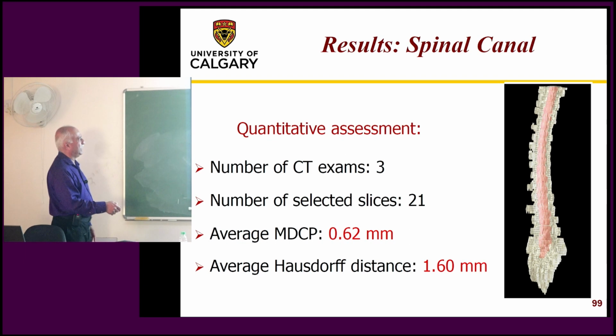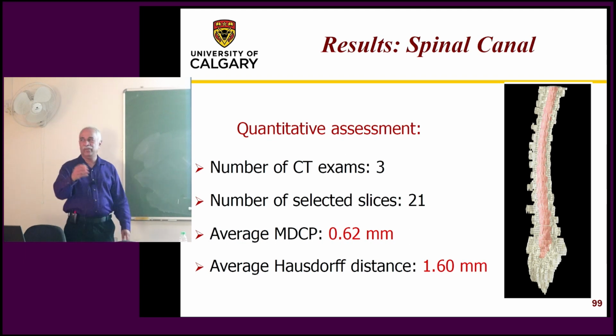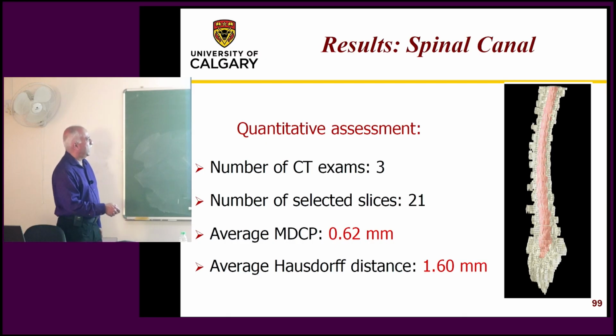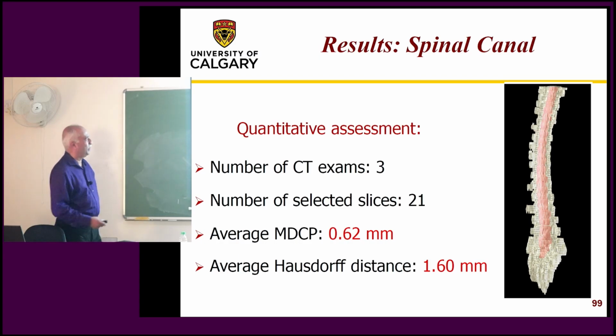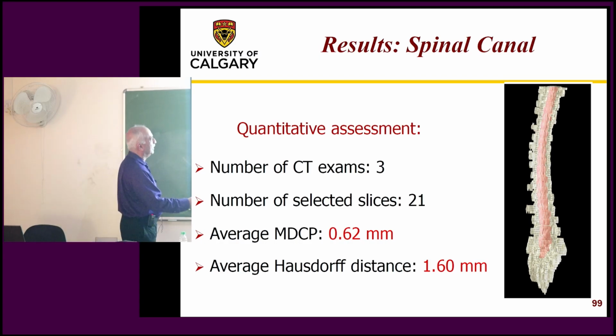So he selected 21 slices and drew this for 3 different CT exams. The average MDCP is 0.6 millimeter, Hausdorff is 1.6. So some reasonable numbers. Perhaps somebody can develop a better method, but it's not bad.